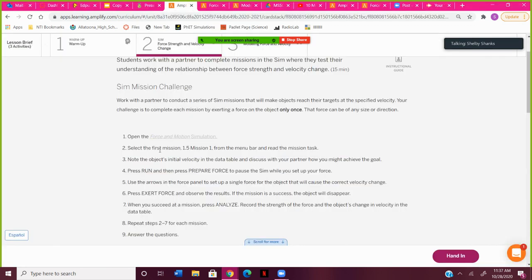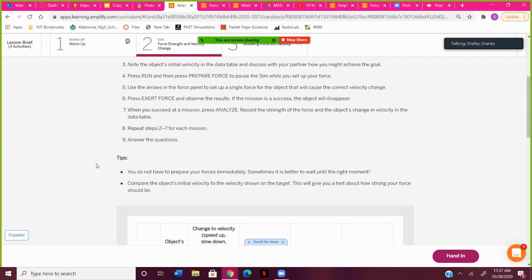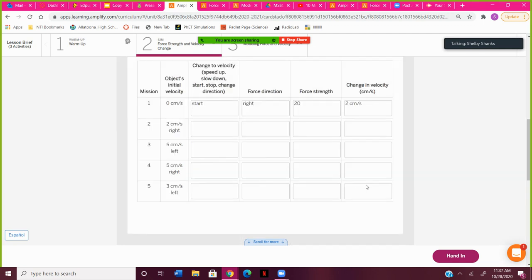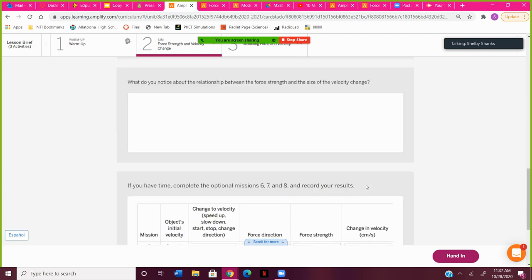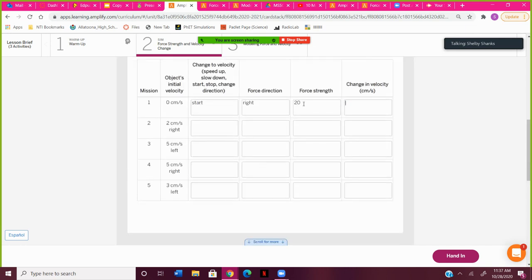Now, where our chart comes into play, if I'm back on Amplify, I'm going to scroll down here just a little bit, and you can see this chart. All right, you can see this chart.